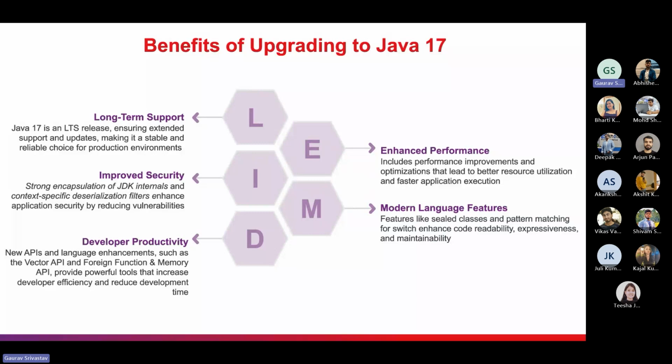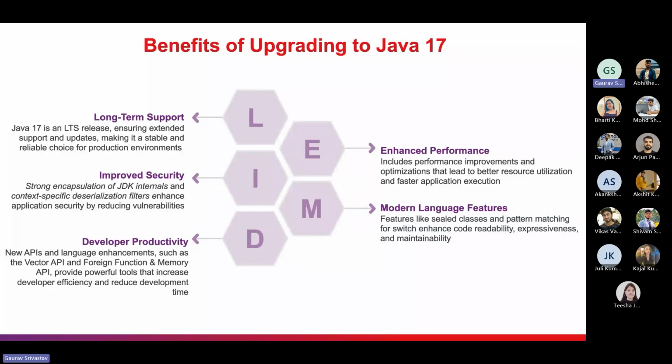We also have new APIs like the vector API and the foreign function and memory API. These are powerful tools that increase developer efficiency and reduce development time. Obviously, modern language features like sealed classes and pattern matching for switch enhance code readability, and you get these if you switch to Java 17.